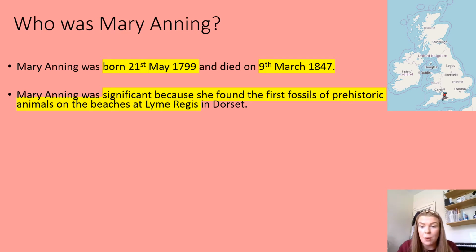Okay, so animals that we didn't even have records of before she even found them. Okay, and she found them on the beaches at Lyme Regis. Okay, so if you look in the top corner, I put a pin on Dorset and on Lyme Regis where the beaches are. Okay, so you can see that it's really near the coastline, so we can tell it's a beach. Okay, pause video, write any of that down that you need.